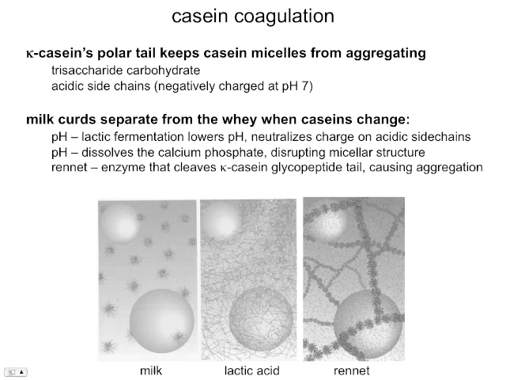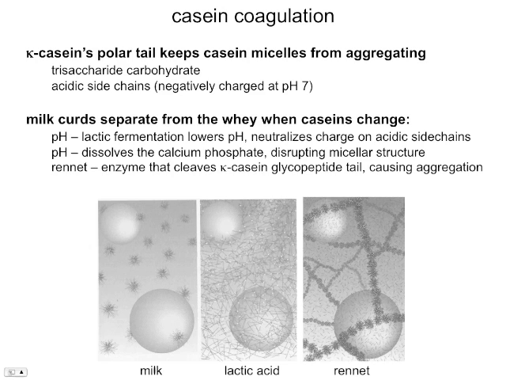Aggregation results from a variety of stresses. pH is an important one, and we'll talk about lactic fermentation in a moment, but the bottom line is when we acidify the solution, the charges on those casein molecules are neutralized. Also, the proteins start to denature, and the molecules can then form these large-scale aggregates. Also, the pH dissolves those colloidal calcium phosphates, and that also disrupts the micellar structure.